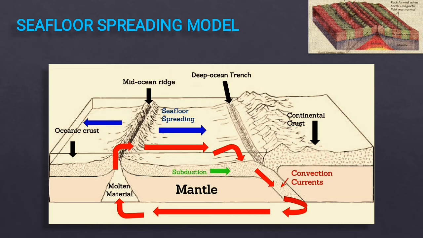At the mid-Atlantic ridge, material from the upper mantle rises through the faults between the oceanic plates, where magma comes out of the rift valley, and then cools to rock and hardens. It forms new crust as the plates move away from each other.